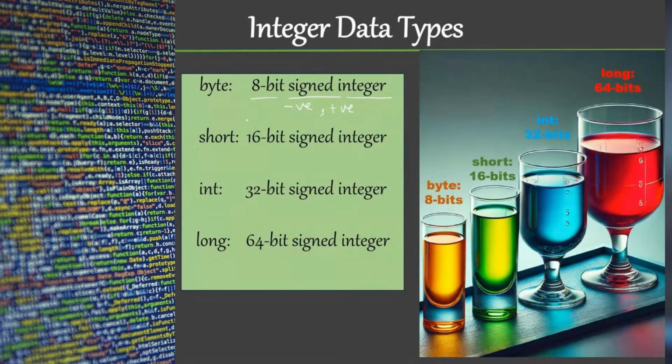So unlike other languages, Java is providing four kinds of integer data type, and all those are signed integer data types. I mean, they can have a negative value and they can have a positive value.